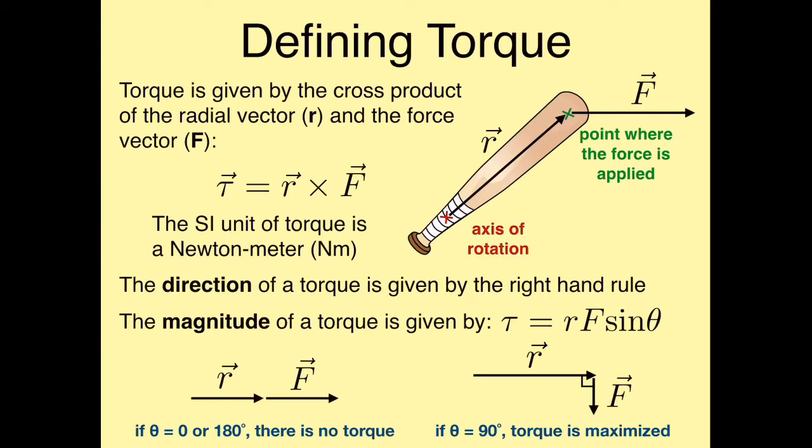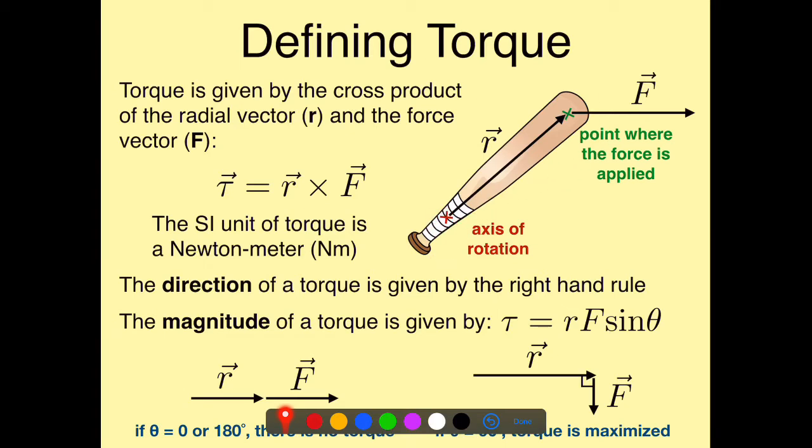Okay, so there's an equation for torque, and I want to introduce it to you. Torque is given by the cross product of two vectors. We have a radial vector given by r and a force vector given by F. So here's the idea behind that. You have some kind of object, let's say it's this baseball bat, and we have an axis of rotation.